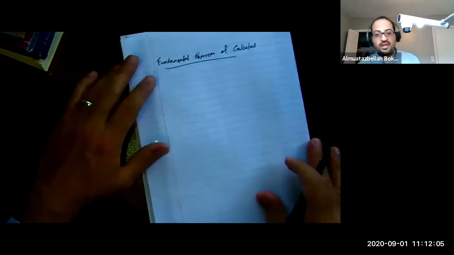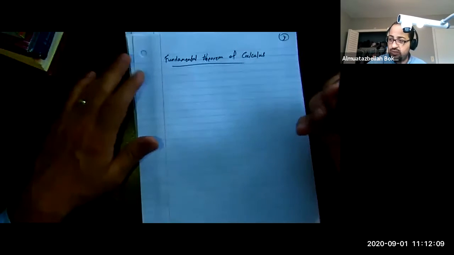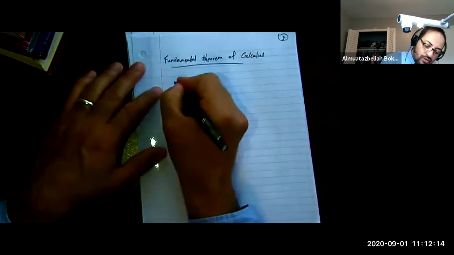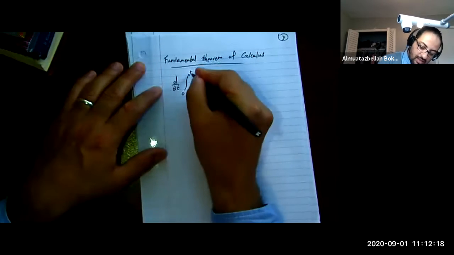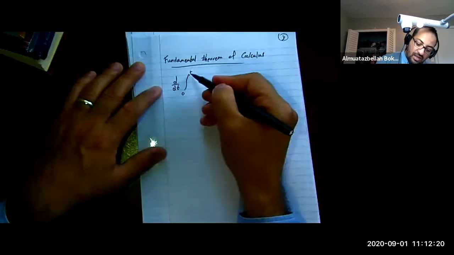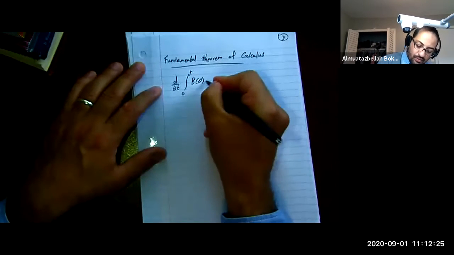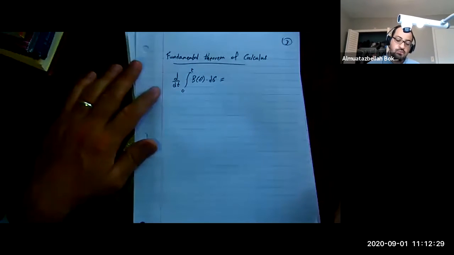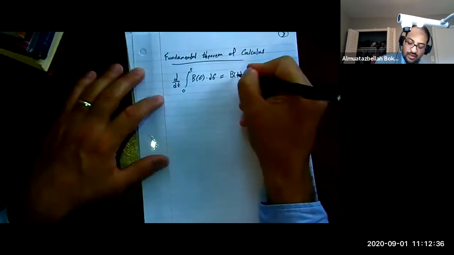The fundamental theorem of calculus says that when you differentiate an integral, d over dt of the integral from 0 to t, and this is the key, from 0 to t, where the variable here is t, of B of sigma with respect to sigma, then that will be B of t.